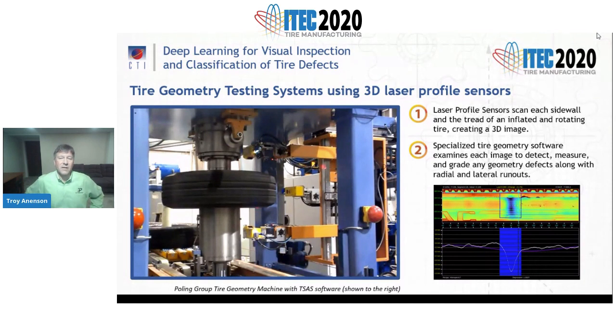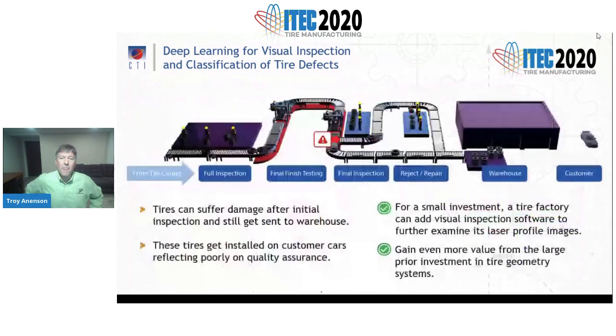The specialized tire geometry software examines each image to detect, measure, and grade any geometry defects along with the radial and lateral runouts. Since these images contain most of the exterior of an inflated tire, why not use them as a second chance to check for visual defects?